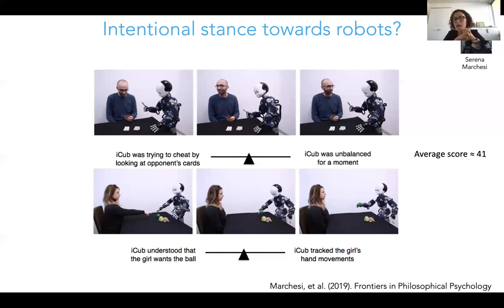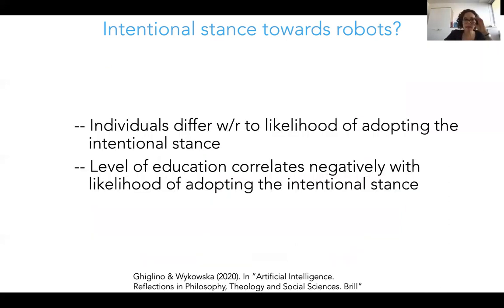What does that mean? It means that it's less than 50, so it's on the mechanistic side, right? But it's not 0, which means that there are some cases where there is some intentionality, or the choices are more on the intentional side. What we also observed from the first study is that individuals differ quite a lot.